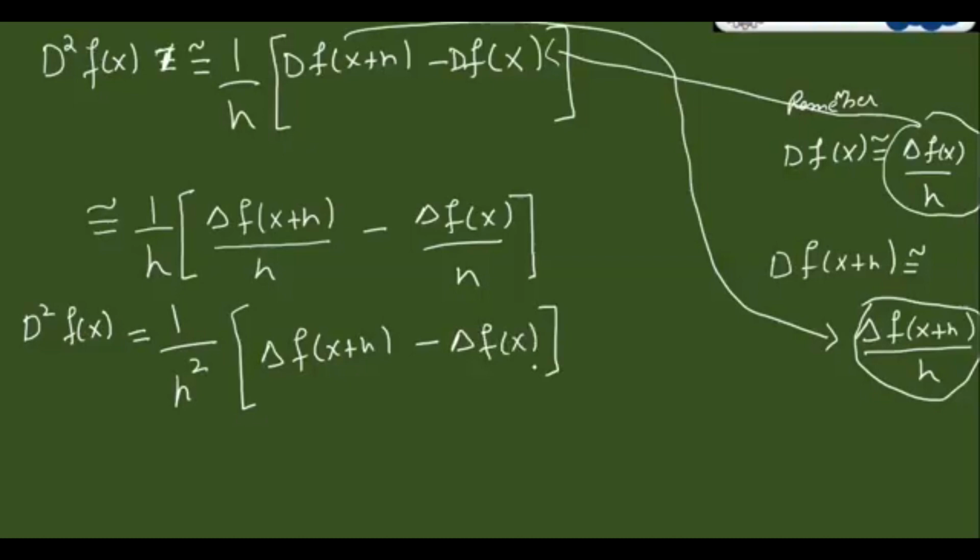In books you can find this is also sometimes the definition of the second order derivative, but I want to simplify it further so that we get one simple equation that we memorize for the second order derivative with forward differences.